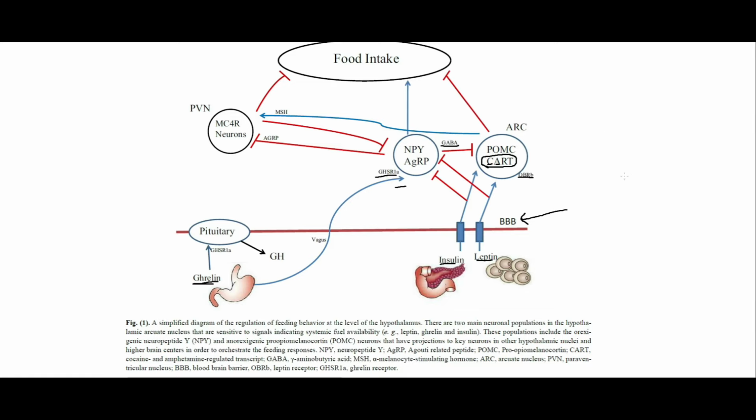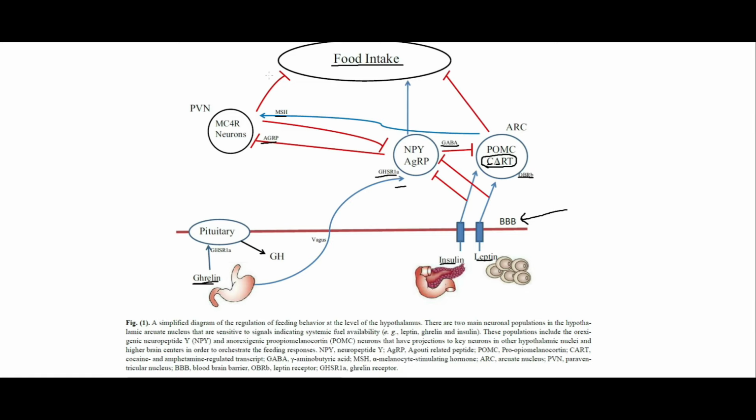And so these POMC then signal these MSH to the paraventricular nucleus here and activates it, whereas these AGRP neurons signal with AGRP, which inhibits these paraventricular nucleus neurons. And so the paraventricular nucleus, when it's activated, inhibits the feeling of hunger or food intake.